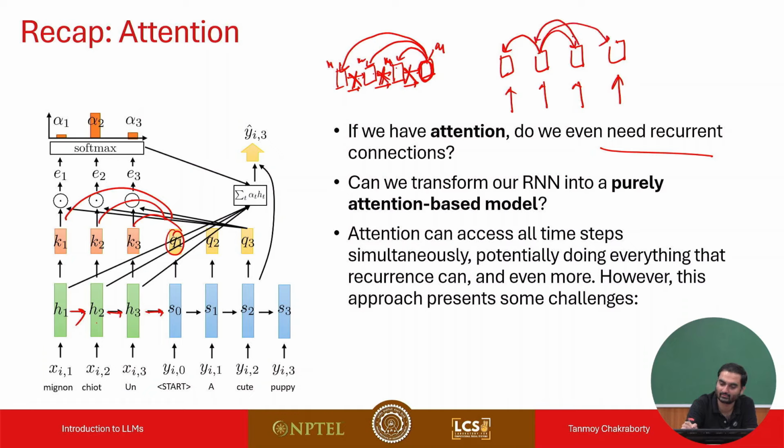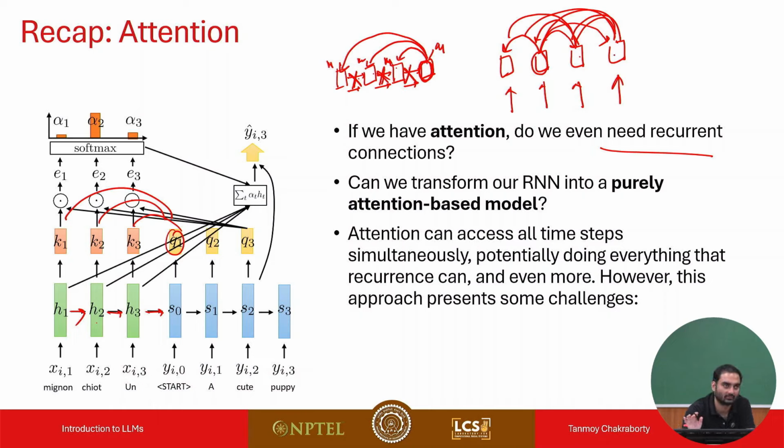This guy can access this and this. This can have access to this and this. Now each of these operations is independent of the others, right? When you compute the operation for this guy, you can do the same thing for other guys also. So this is the premise behind the self-attention mechanism.